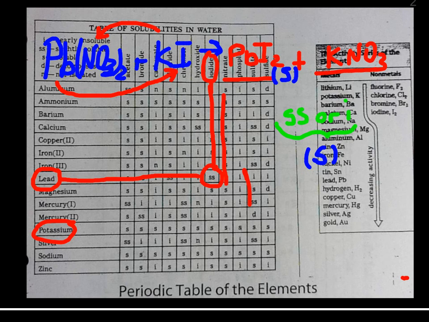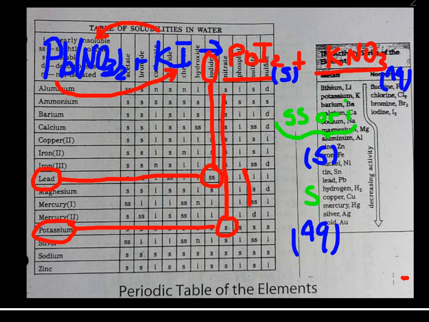I drop down to where they intersect. It has an S. Well, an S on this chart right here means it is going to be aqueous in the formula. So AQ goes right there.